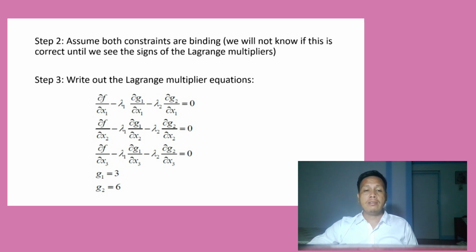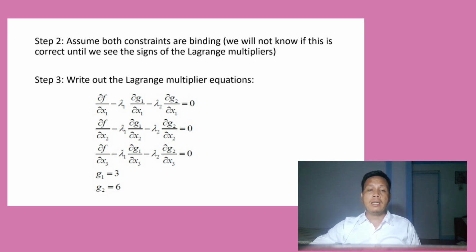Step 3, write out the Lagrange multiplier equations, the same as in the previous example. Partial derivative of f over partial derivative of x sub 1 minus lambda 1 times partial derivative of g sub 1 over partial derivative of x sub 1 minus lambda 2 times partial derivative of g sub 2 over partial derivative of x sub 1 equal to 0.